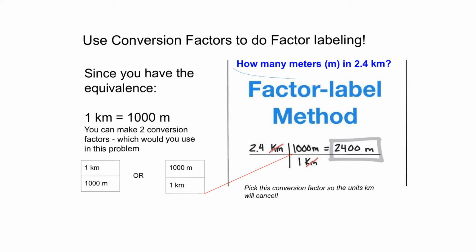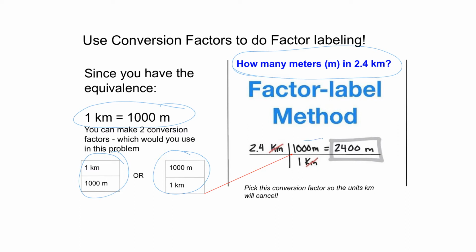So here we go. How many meters are in 2.4 kilometers? Well, I know that 1 kilometer is equal to 1,000 meters. From that equivalence, I can make 2 conversion factors: 1 kilometer over 1,000 meters or 1,000 meters over 1 kilometer. But in factor labeling, what we're factoring, guys, is the unit.